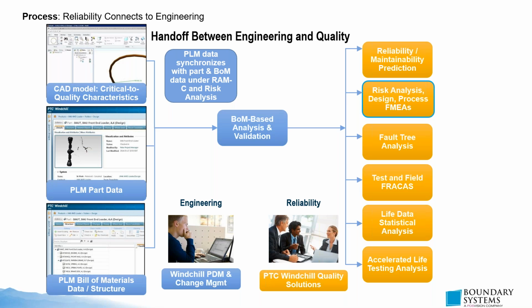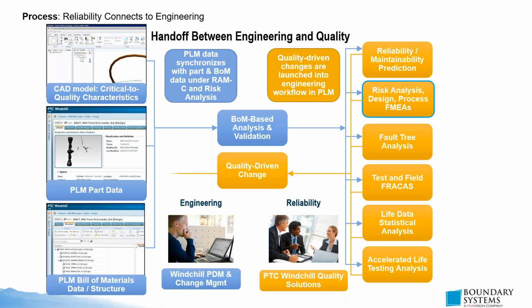But again, this is not just one associativity, right? This is more so a two-way, because now any quality-driven change, right? The quality team can make recommendations and suggestions that can then feed back into engineering by way of, for example, a change request, right? So an example of that could be, I don't know, maybe several FRACAS incidents or problem reports that are linked to a particular problem component, right?